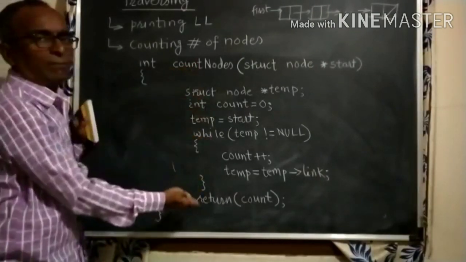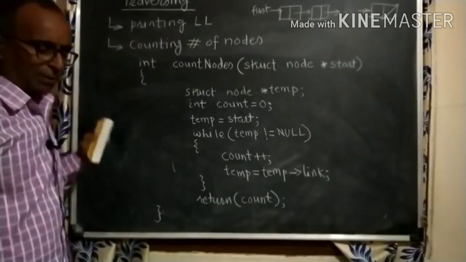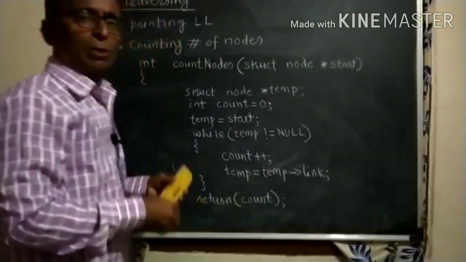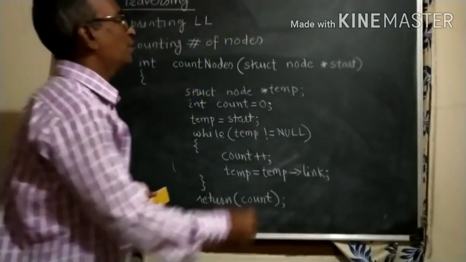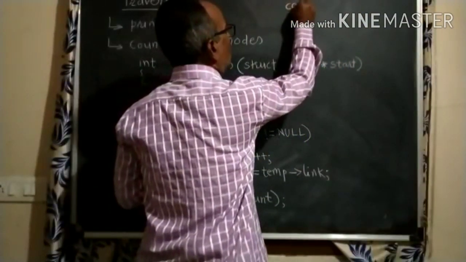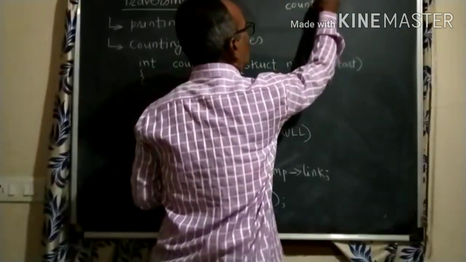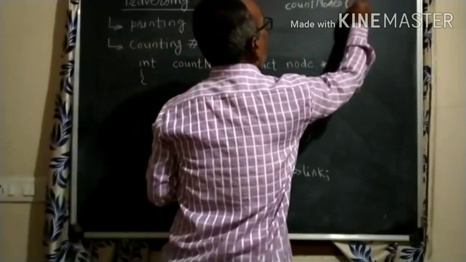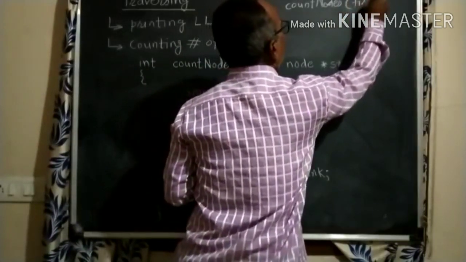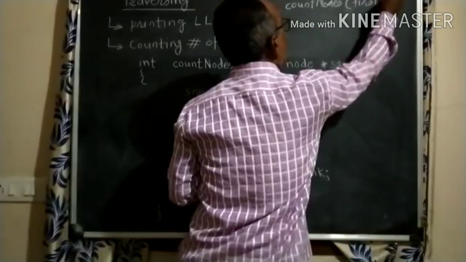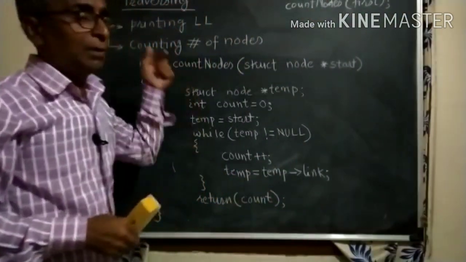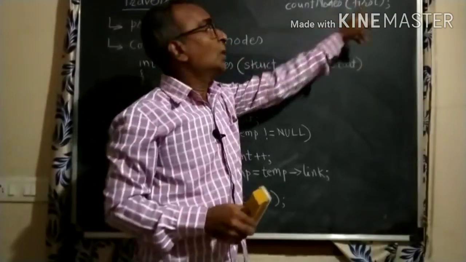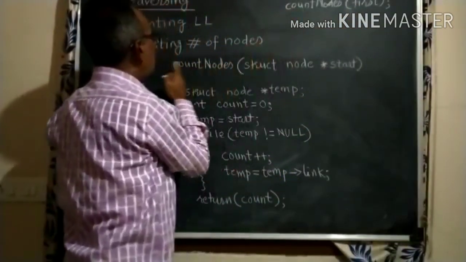How can you call this function? If I want to call this function from any other method, count nodes, I am sending first. If in the caller I am storing the first node's address in the first field, then it returns me one integer value.